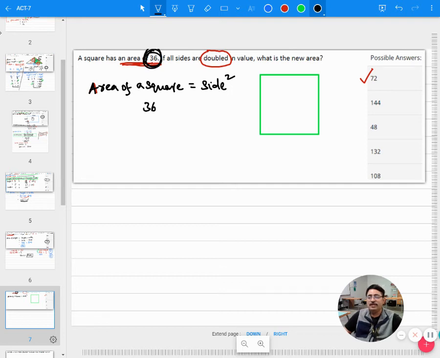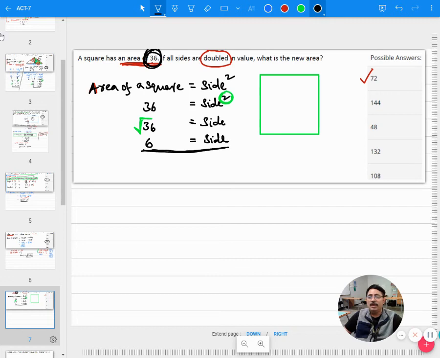Therefore, 36 equals side square. Don't forget, if you are eliminating the square on one side, on the other side you have to take the square root. Therefore, what is the square root of 36? 6 times 6 gives us 36. Therefore, the side is 6 units. Or else you can make use of a calculator.